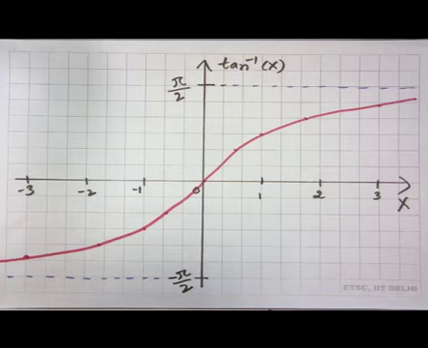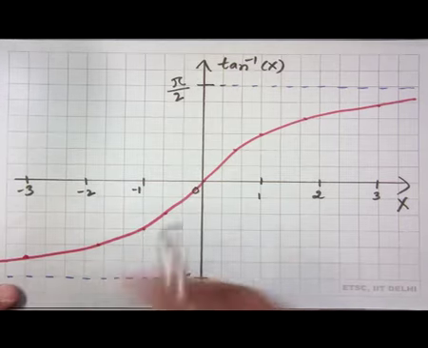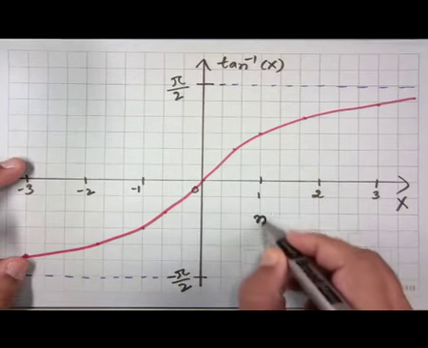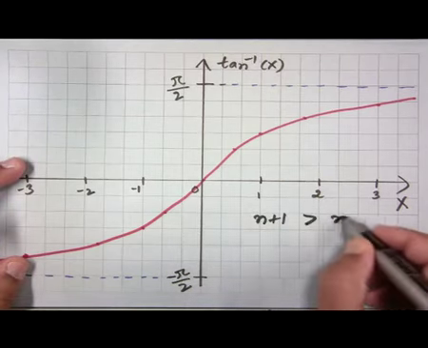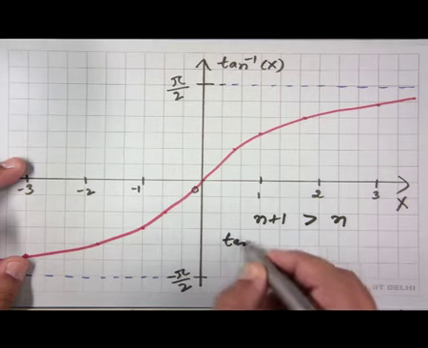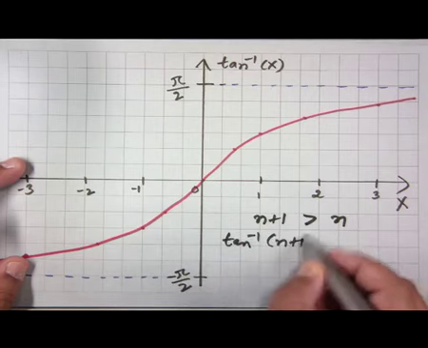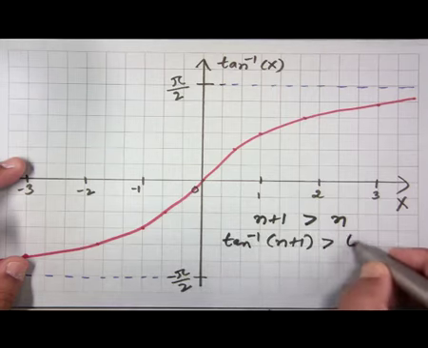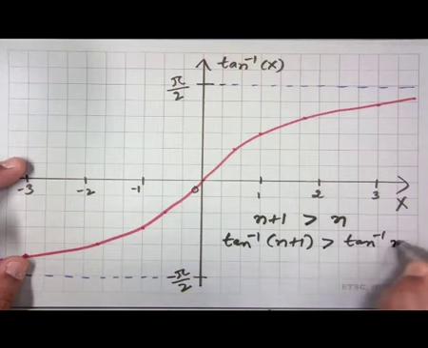Therefore, because n plus 1 is greater than n, it obviously follows that tan inverse of n plus 1 is greater than tan inverse of n.